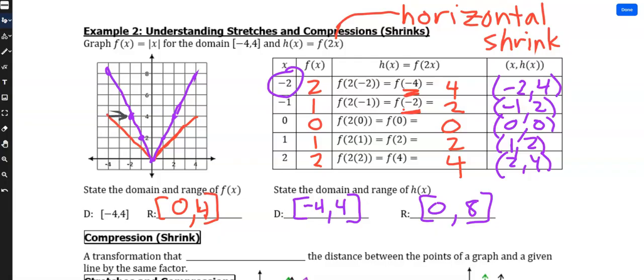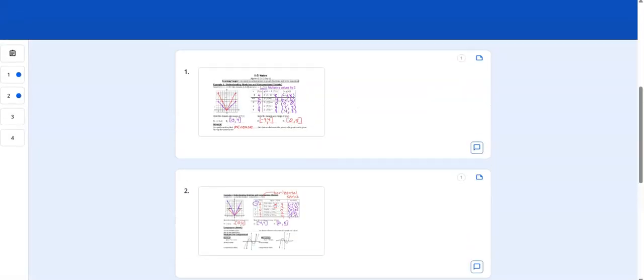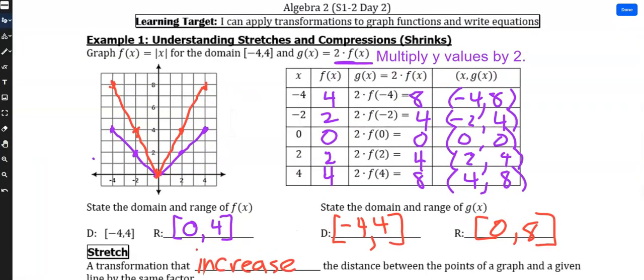These points got moved in. There was a horizontal shrink involved. These points got moved up, stretched up.